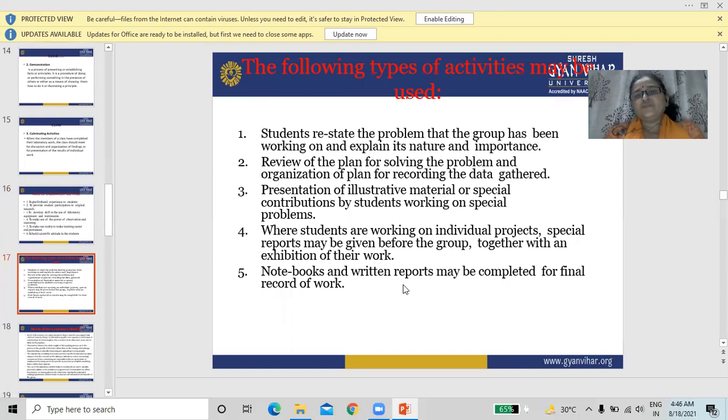The following types of activity may be used in laboratory work. A student restates the problem that the group has been working on and explains its nature and importance.